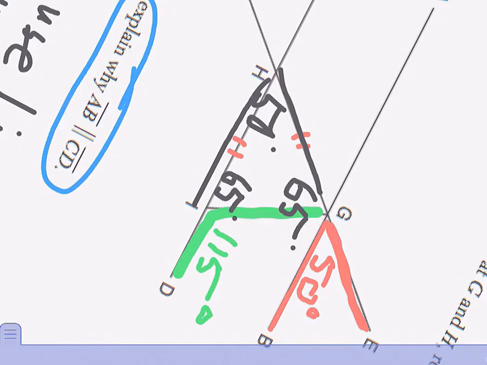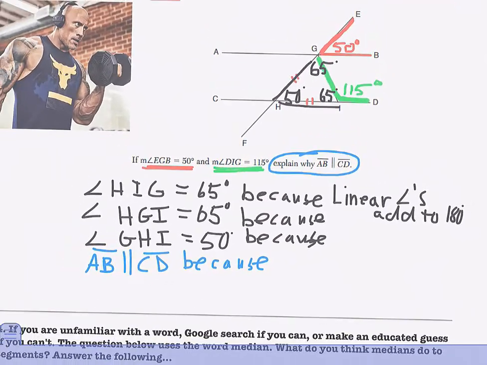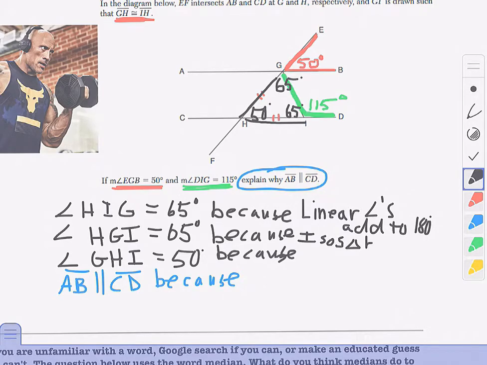Those are called the base angles of an isosceles triangle. So the reason why angle HGI is 65 degrees is because an isosceles triangle, I'll just abbreviate, isosceles triangle has equal base angles.